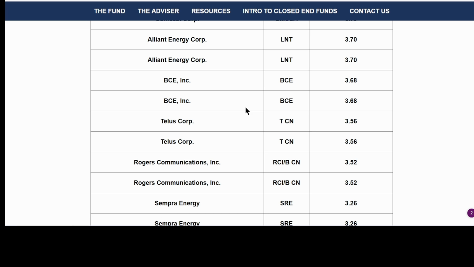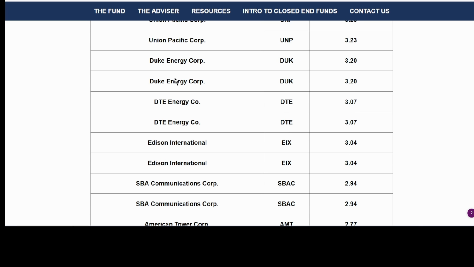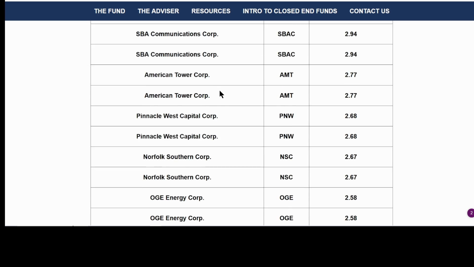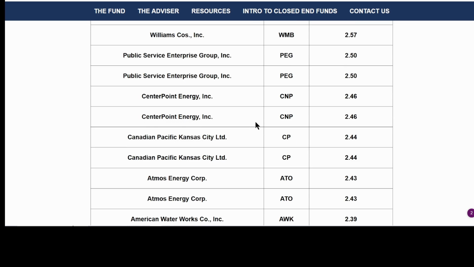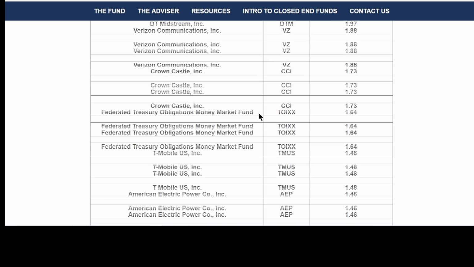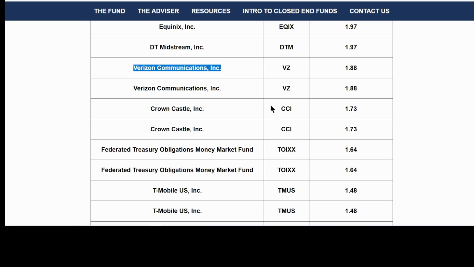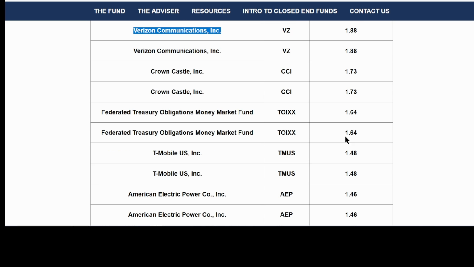So even if you look at their full holdings, you'll see Duke Energy, this is, I believe, under 4%, Edison International, Norfolk Southern. I mean, none of these have anywhere close. Southern Company is like 4%. So where are they getting this 8%? All right, Verizon has like a 7% dividend, but it's only 1.8% of the fund.